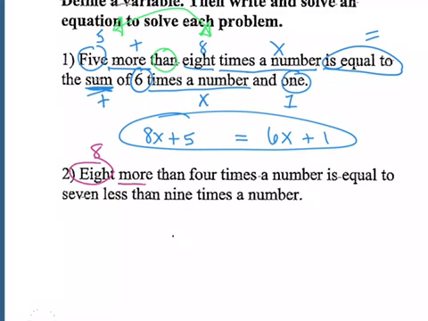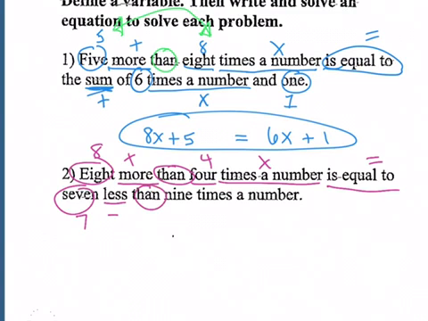8 more than, so there's that "than," more than 4 times a number, is equal to 7 less, so that's going to be subtracting, than 9 times a number. So that's my variable.